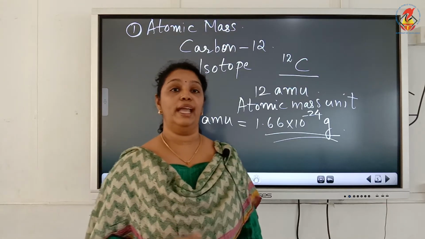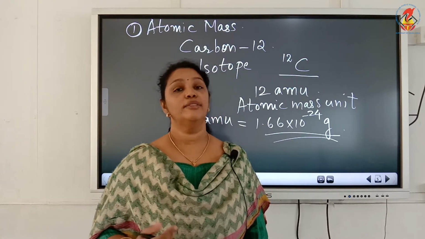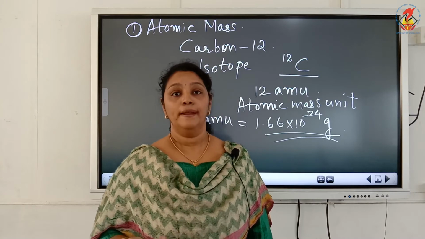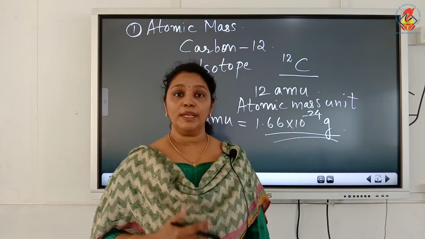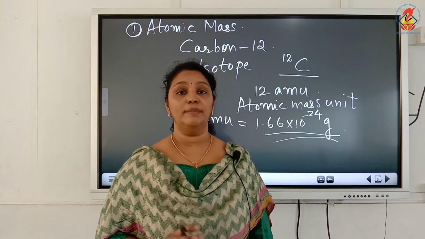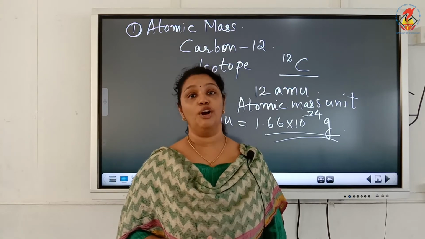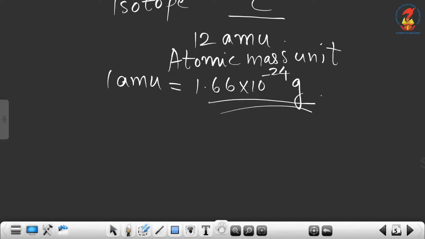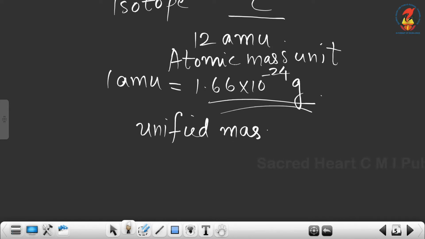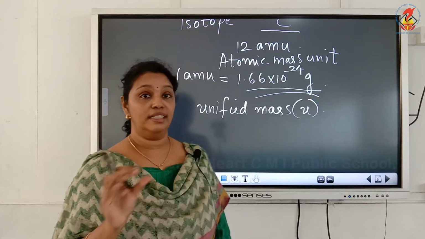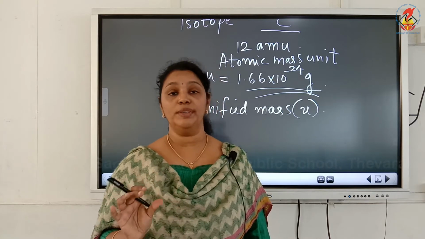But now we know the atomic masses of all the elements are found out experimentally. This atomic mass unit in present time is replaced by another unit called unified mass, denoted by small u. So now the term atomic mass unit or AMU is not in use.